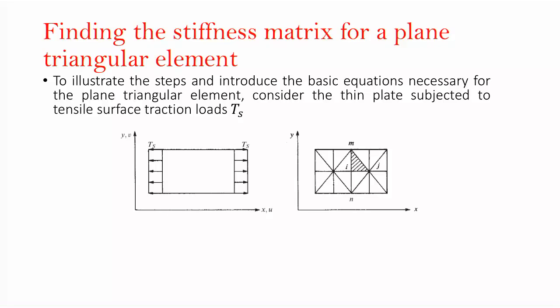So we can go for the 2D plane stress elements. And if we want to use triangular elements, this could be an example of the discretization, which is shown in the figure on the right.